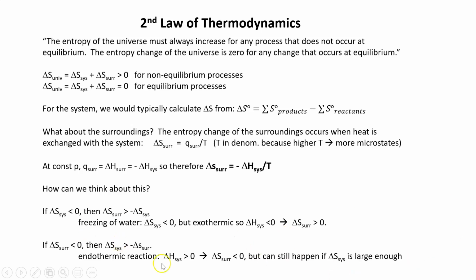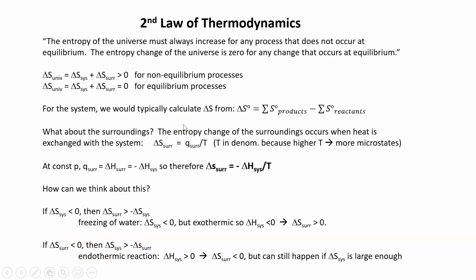And what's happening is that even though that's a big decrease in the temperature and it's a very endothermic reaction, you're getting a very large increase in entropy because you're taking the solid ammonium nitrate and dissolving it into water. So the dispersion of those particles into the solvent creates a sufficient increase in microstates to more than compensate for the loss in entropy of the surroundings.